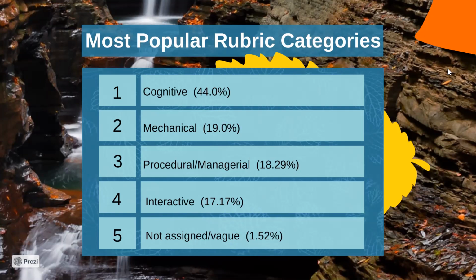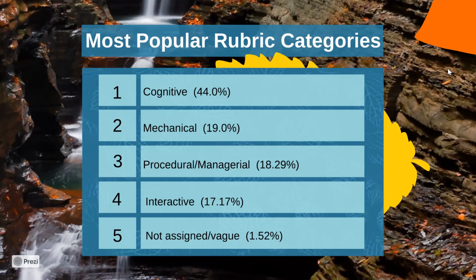The fourth most popular element was some interactive component, looking at how well students replied or engaged with each other. And then there was a not assigned or vague element down at the end.